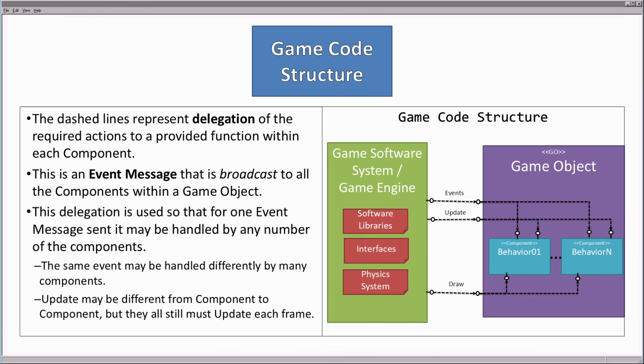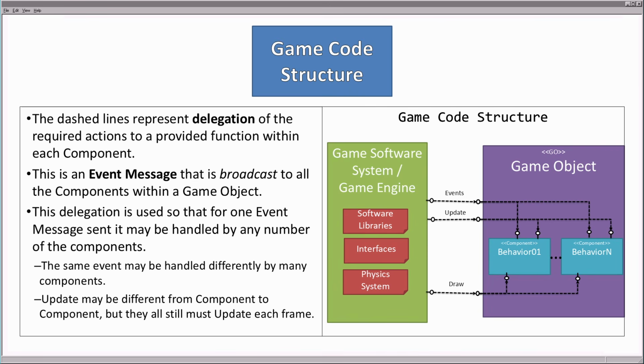Now, with this in place, I reiterate that the dashed lines represent delegation of the required action to a provided function within each component. Delegation meaning entrusting a responsibility, or for our purposes, delivering an event message.